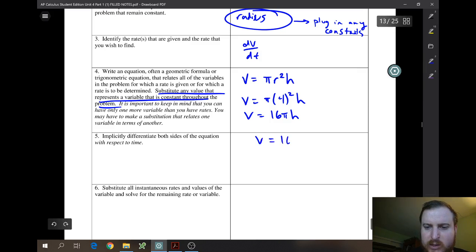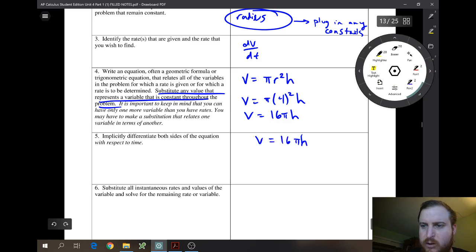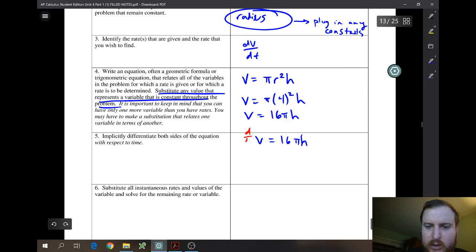So we have V equals 16 pi h, and we're going to take the derivative of this. So we're going to do d/dt and d/dt, and so then we get dV/dt equals, now 16 pi is just a coefficient. It's going to just stay there. The derivative of h is just 1, but then times dh/dt, because we have to do that implicitly.